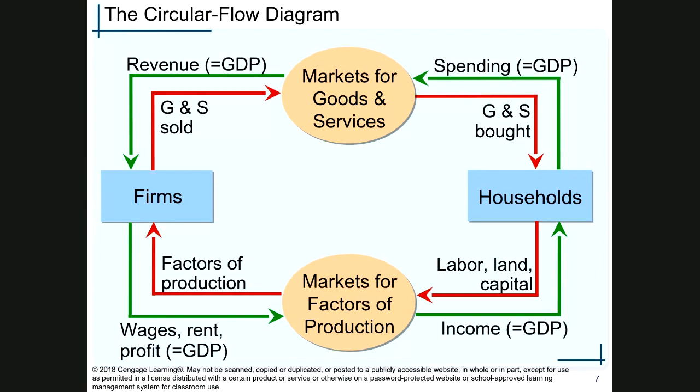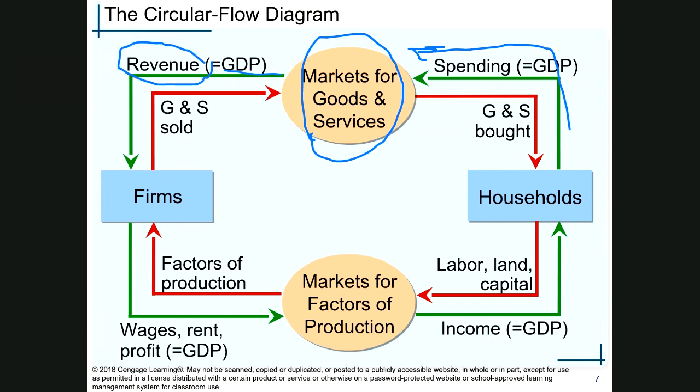Let's say here households spend money to buy this stuff at this market. As you see this arrow here, these are their expenditure. Where does this money go? It goes to be revenue for firms. Whatever they spend, the firms gain. The revenue should be equal to expenditure, or income should be equal to spending.